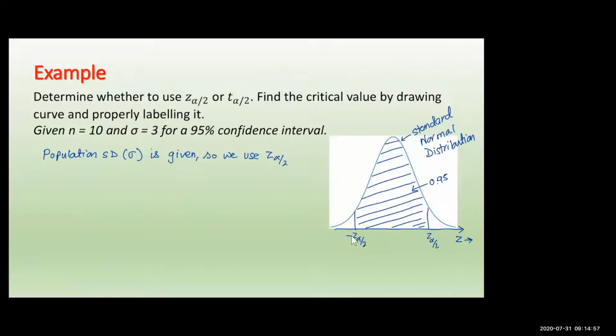Now, out of 100% area, you have 95% area in the middle. So on the two tails, if I add this area and this one here, the total area is 5%. So 5% is divided into two parts. This will be 2.5% or 0.025, and this one is also 0.025.